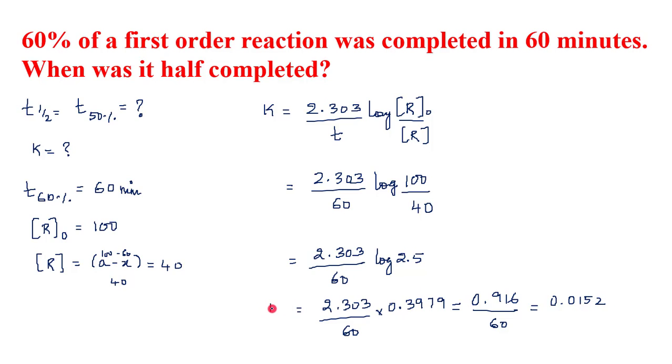So this will be the value of k, and it will be in per minute form, as the time is given in minutes, so the rate constant will be in per minute. So this is the value you got for the rate constant. You can write it as 1.52 into 10 raised to minus 2 per minute.